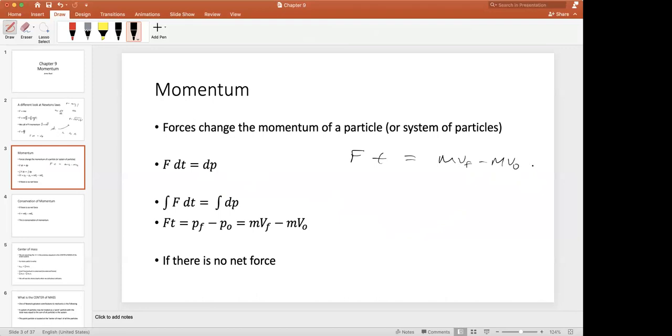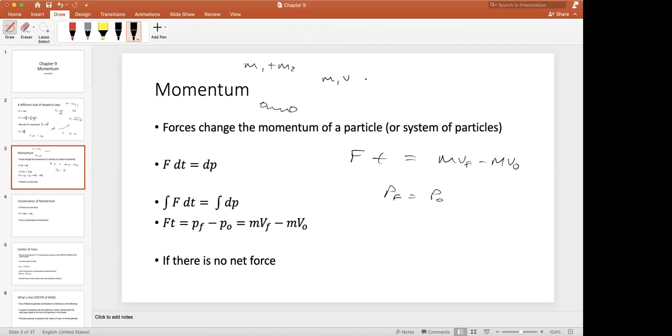Now, the conservation law comes in, where if there's no net force, then the final momentum is equal to the initial momentum. And you might say, well, that doesn't look that interesting, except it really actually is, because we're talking about not just single particles, but systems of particles. Let's say the system contained two masses connected by a spring or something.